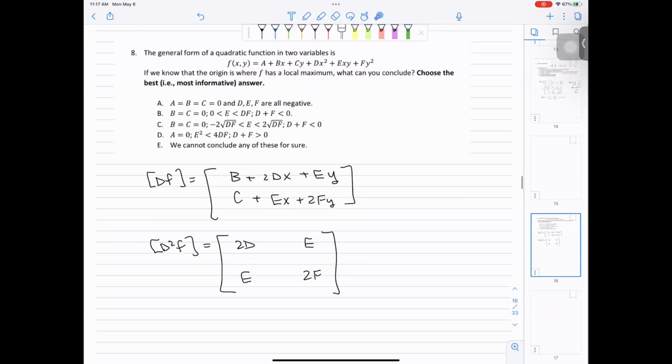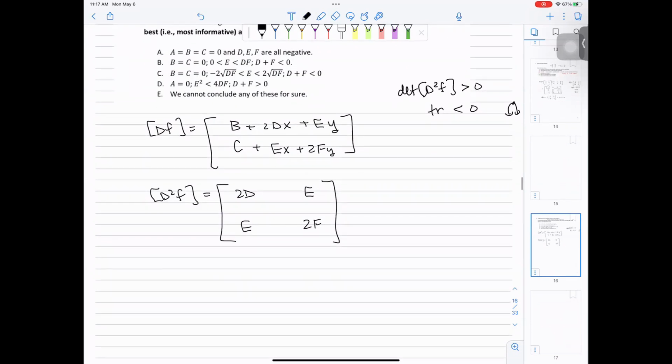What were the rules that told me if I have a local max? I have a local max if the determinant of the Hessian matrix, first of all, has to be greater than 0, and then the trace has to be less than 0 to be a maximum. So what is the determinant of d squared f here? It's 4df minus e squared, and I need that to be greater than 0.